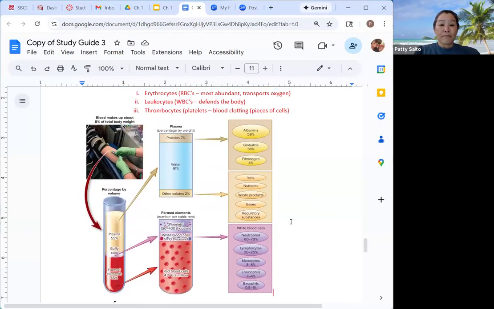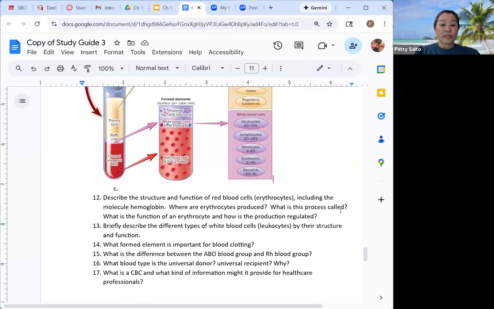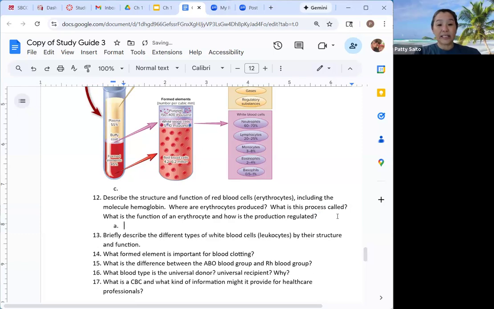Okay, let's continue. So let's take a look at red blood cells. The other term for red blood cells is called erythrocytes. Erythrocytes. And so you need to be familiar with both of those terms because there are conditions that have the term erythrocyte in it, or there are hormones that contain the word erythrocyte in it.